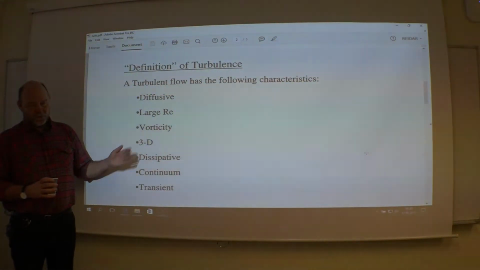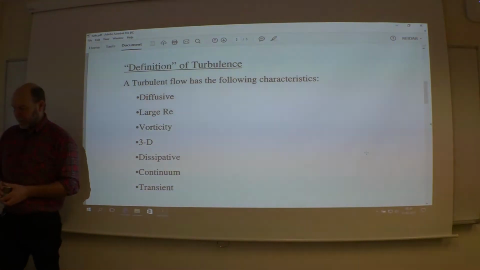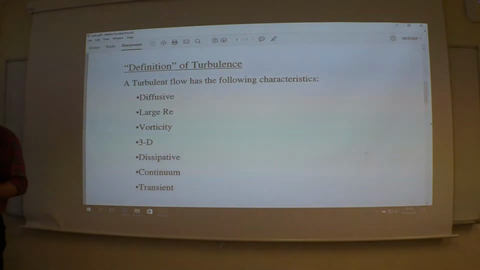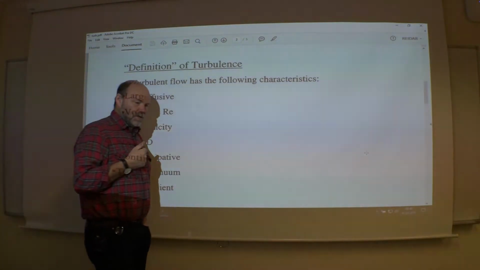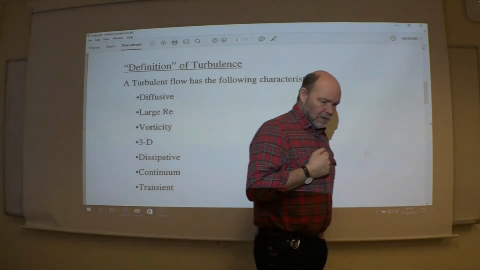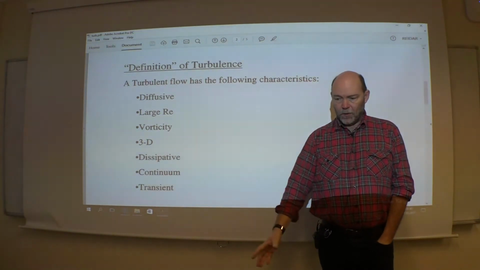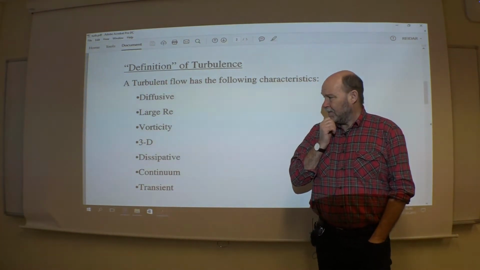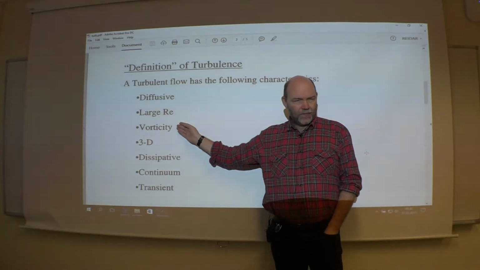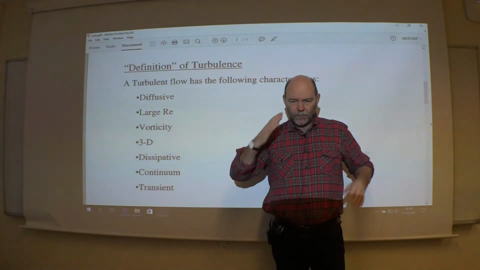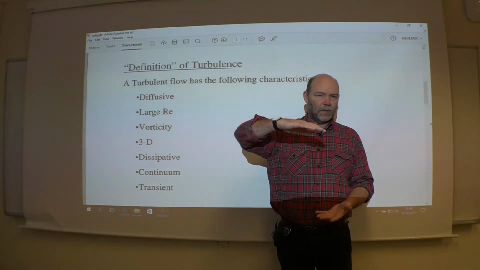Vorticity, oh yes, you have a lot of vortices, and in turbulence you might think of the biggest scale that you have in a problem. If you look at a waterfall, for instance, a river tumbling over a cliff, the biggest vortices you can have will be the biggest dimension in the problem.